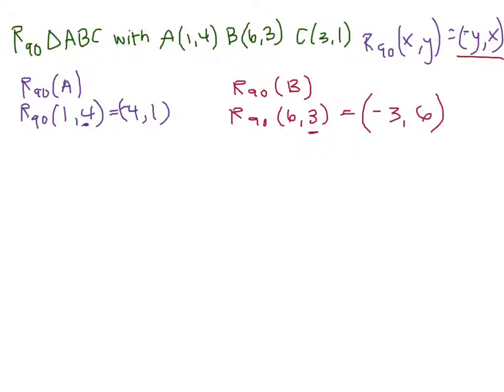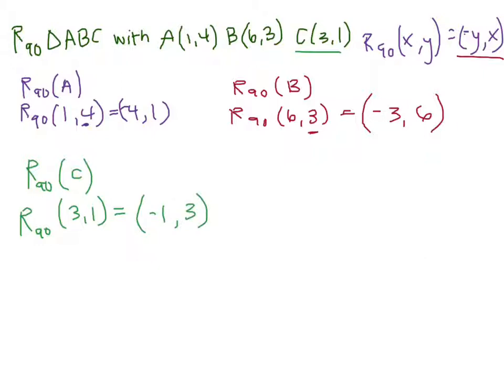If the X value started at 6, it's now going to be in the back, positive 6. And our final point, our rotation of 90 degrees at point C, is a rotation of 90 at the location of 3, 1, because C is at 3, 1. So X and Y switch places, Y switches its sign. So we have these 3 new coordinates for our new triangle.